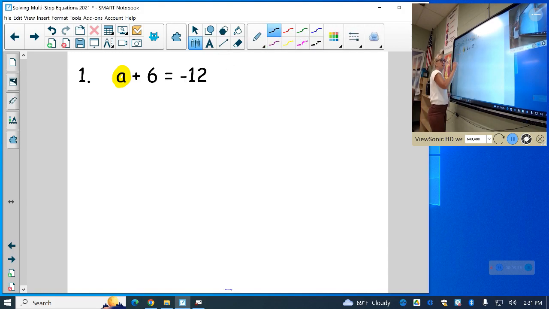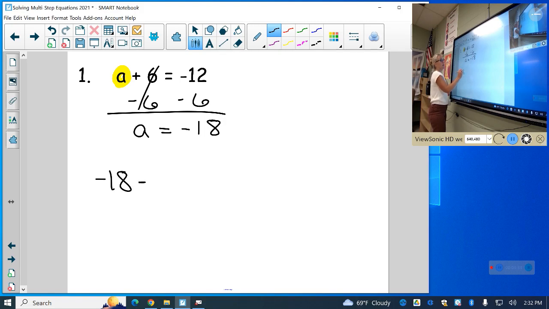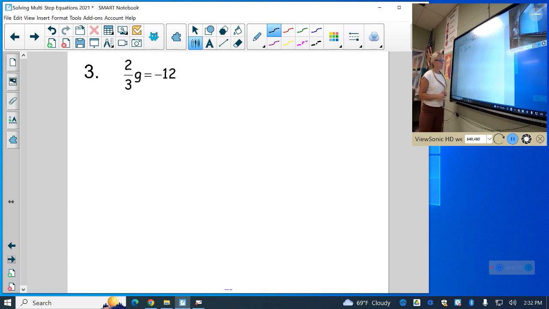Since it's addition, the opposite of addition is subtraction, so I'm going to subtract 6 from both sides. 6 minus 6 is 0, so I'm just left on this side with a. Negative 12 minus 6 is negative 18. Negative 18 works for a, because negative 18 plus 6 equals negative 12. So we can check it.